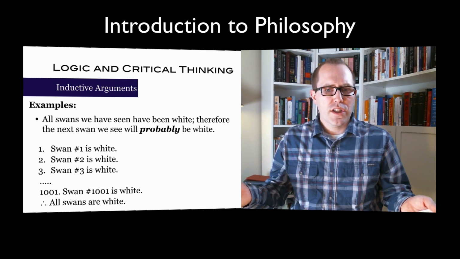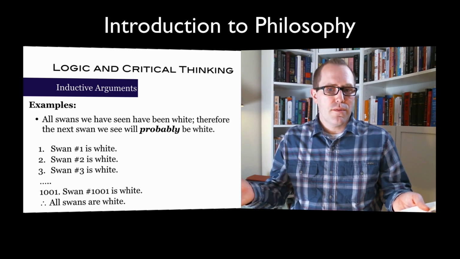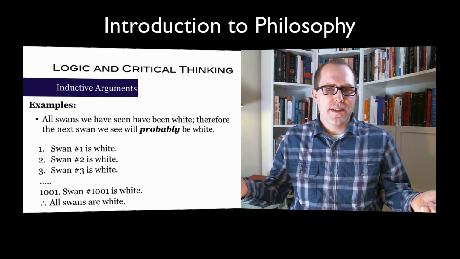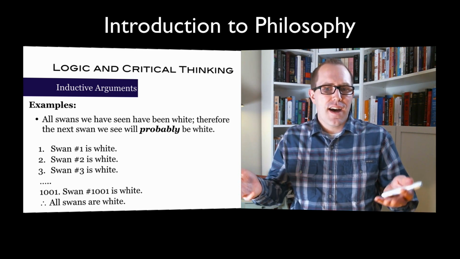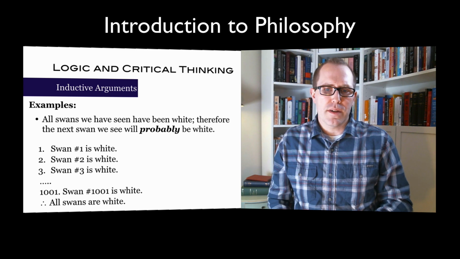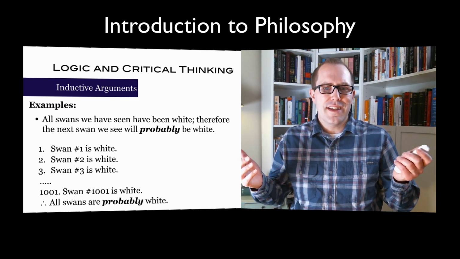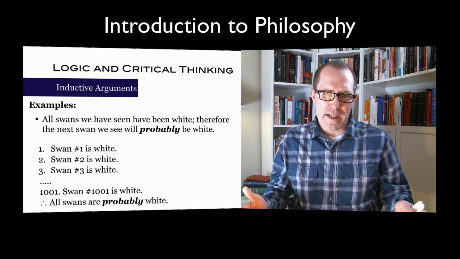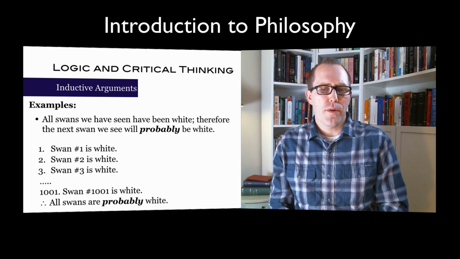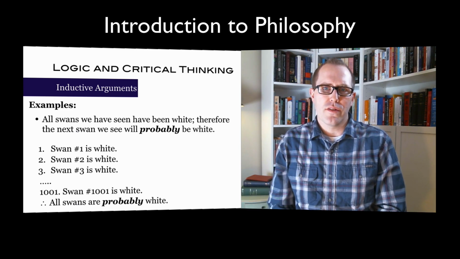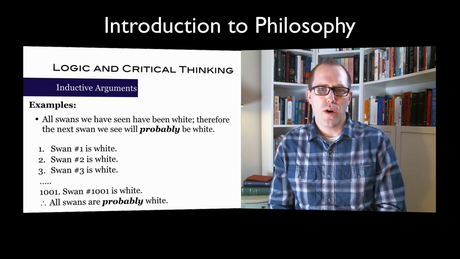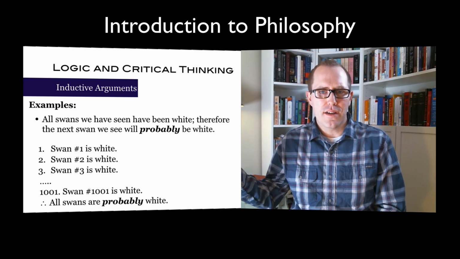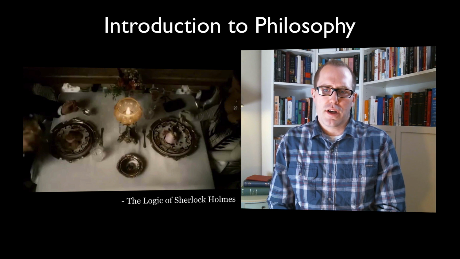So what is the conclusion? Well, you might say, therefore all swans are white, but that's not specifically an inductive argument. What you want to say with induction is therefore all swans are probably white, because you want to leave open the door that the next swan will not in fact be white. So this is how inductive arguments work.